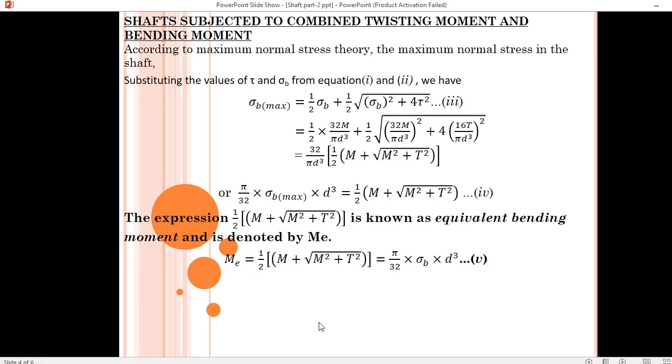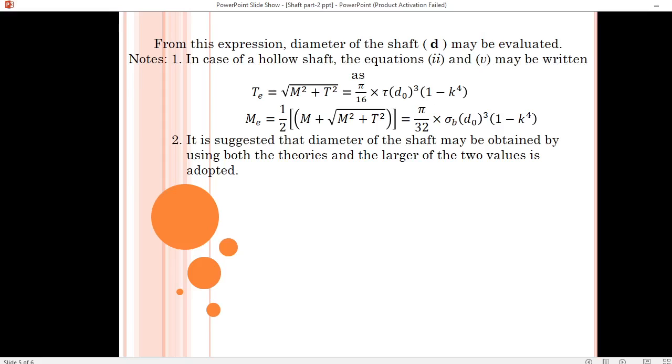Okay, next we will see, from the equation for Me, the case of a hollow shaft. As we know, for a hollow shaft we have two diameters, the outside and inside diameter. So in place of d, the term becomes d0 cube into 1 plus k.